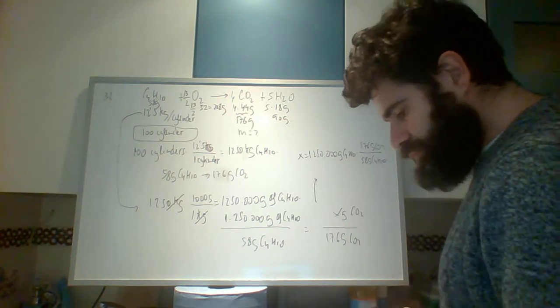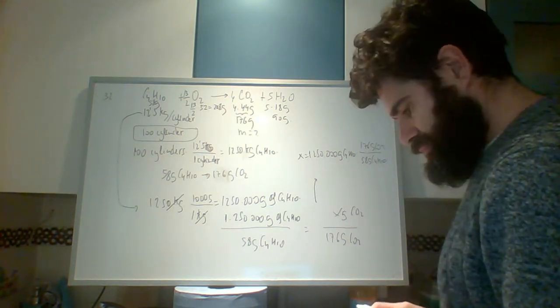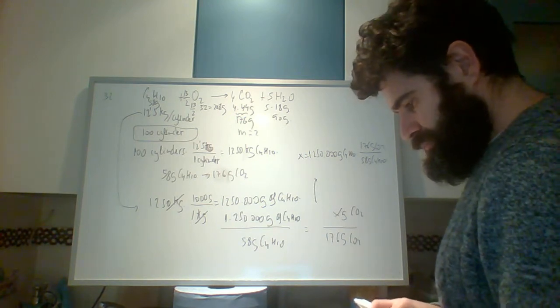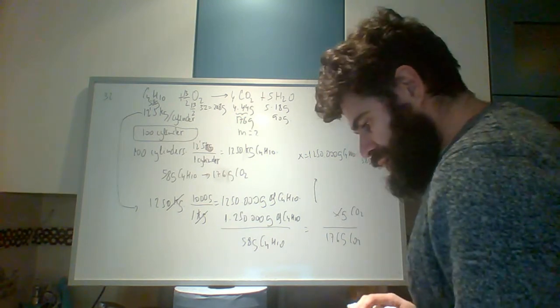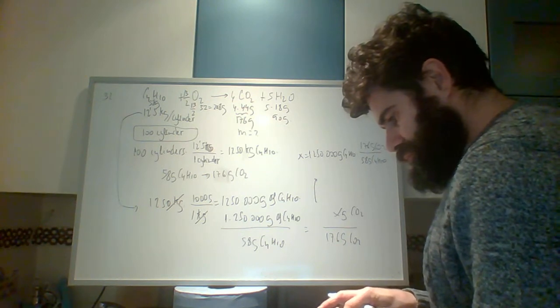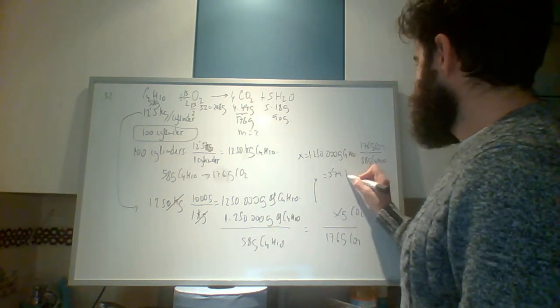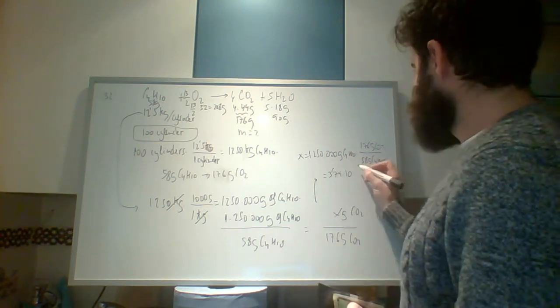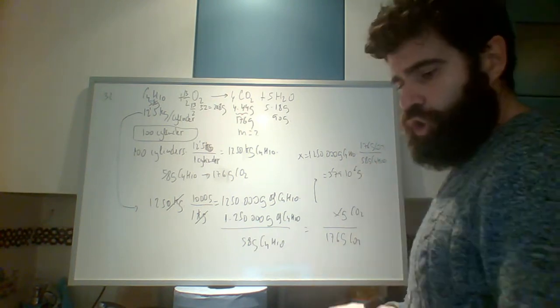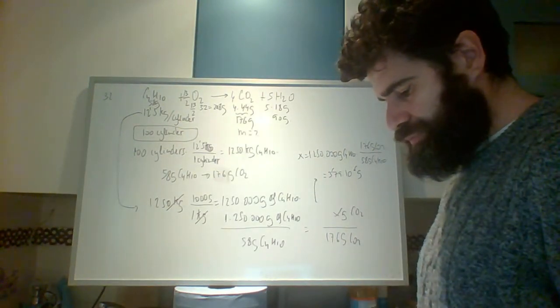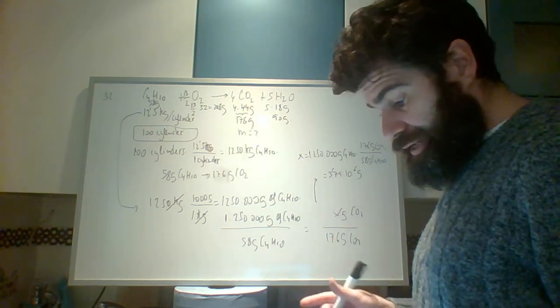So it is 3.79 multiplied by 10 to the power of 6 grams.